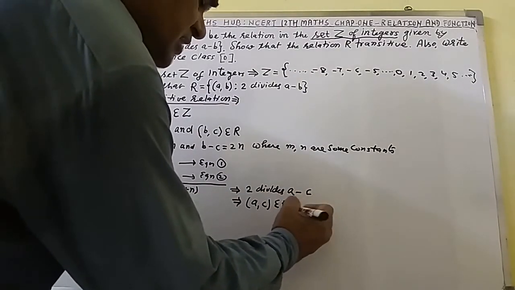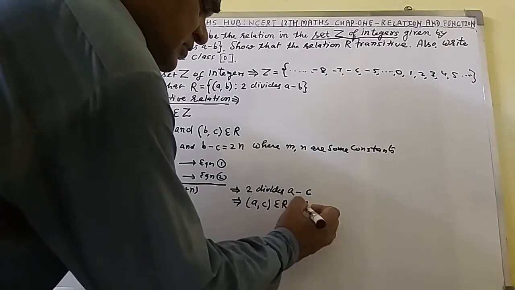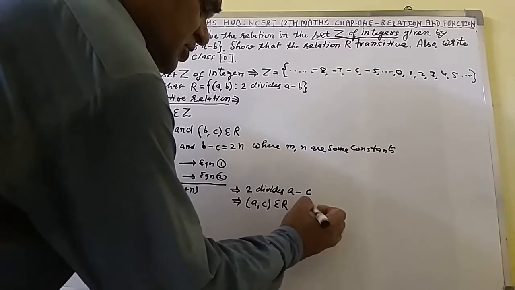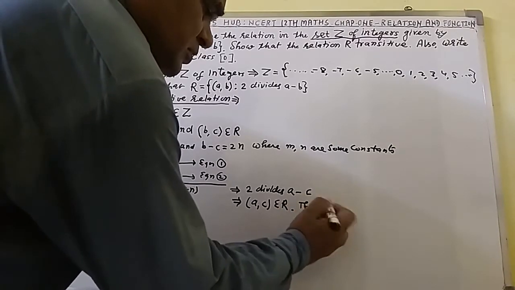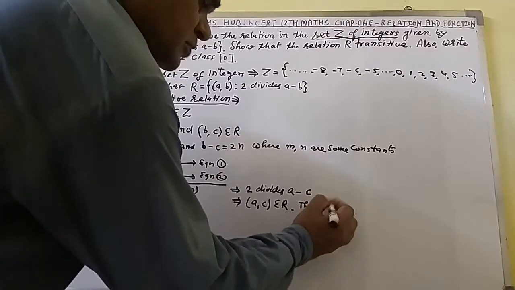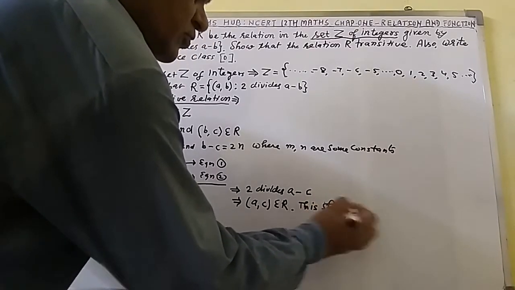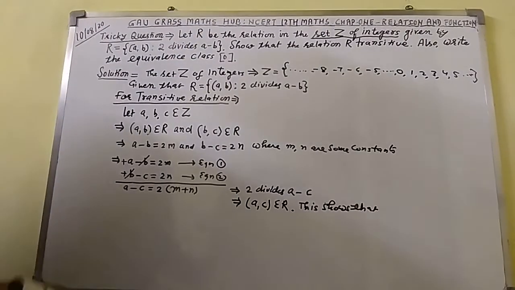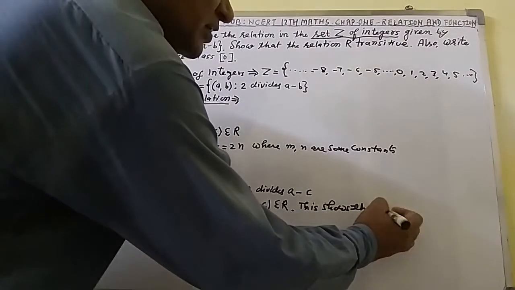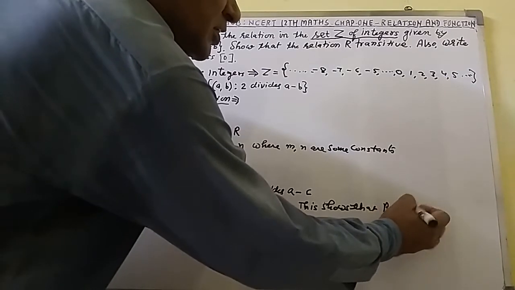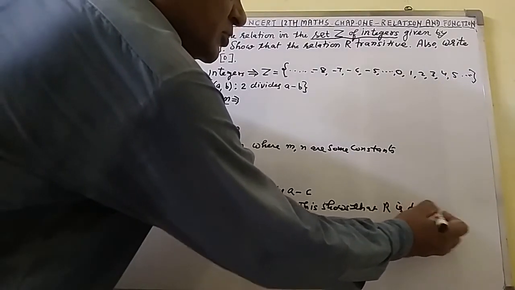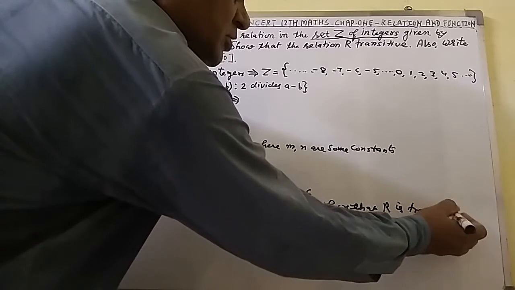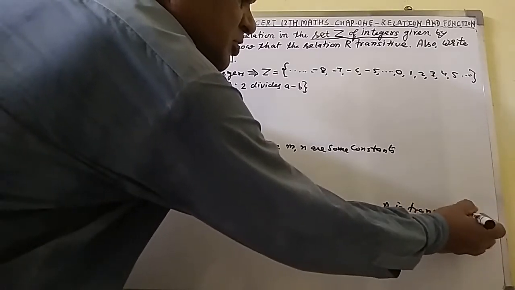So here you can write, full stop, this shows that capital R is a transitive relation.